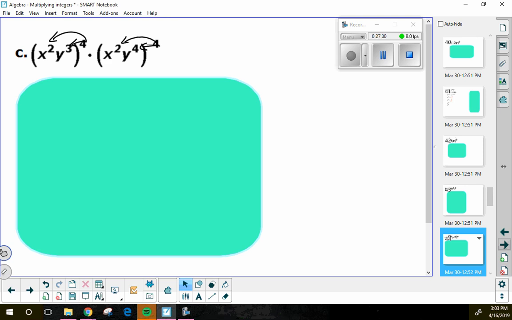And then you have x to the 8th times y to the 12th times x to the negative 8 times y to the 16th. And then at this point, all you're doing is just adding exponents. What is 8 minus 8? 0.